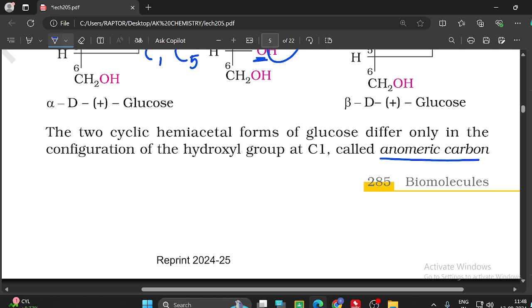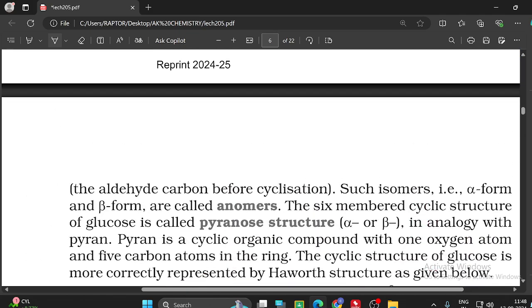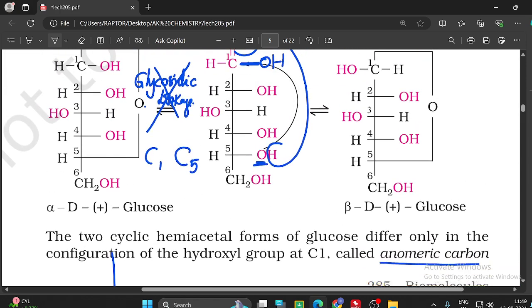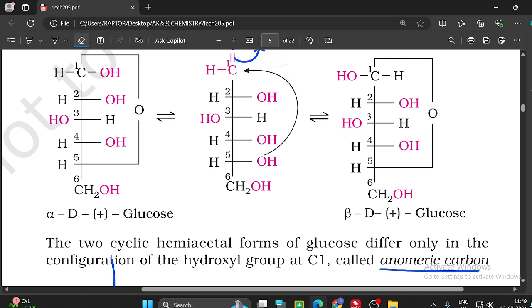Anomers are the isomers which differ by the position of OH group. See, these are anomers. OH group at the first position, first carbon.